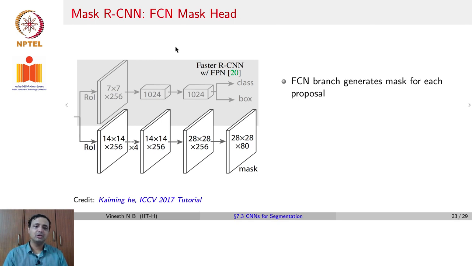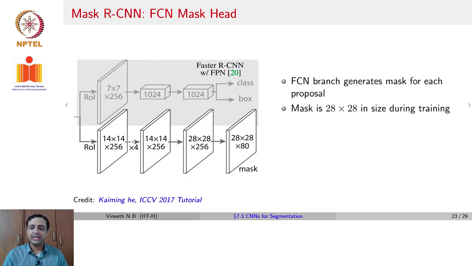So in addition to your standard Faster RCNN architecture with a classification loss and a bounding box loss, we also have a mask head with the Mask RCNN. And what the Mask RCNN does is it uses an FCN kind of a branch, which means it's fully convolutional.